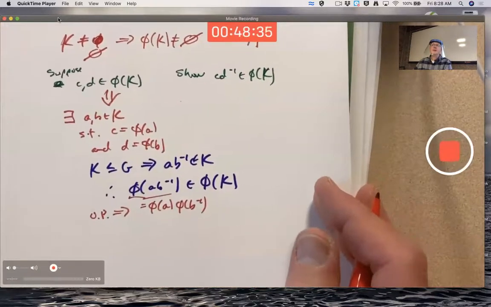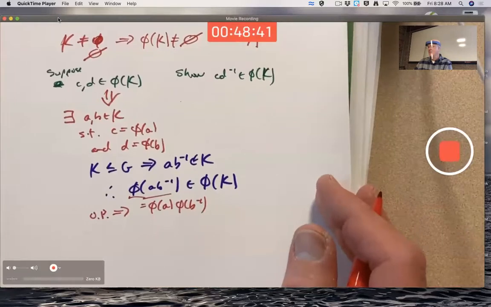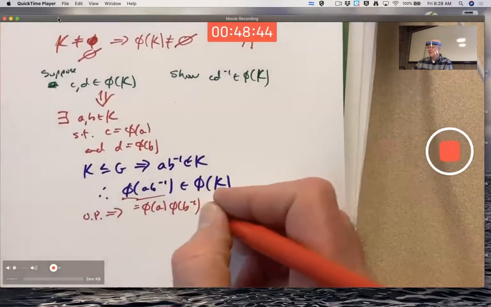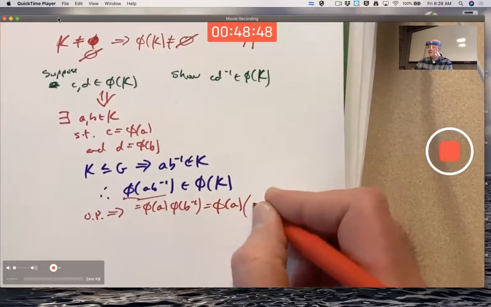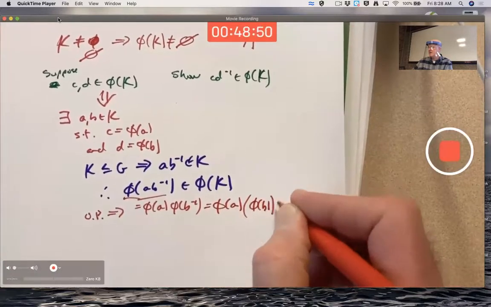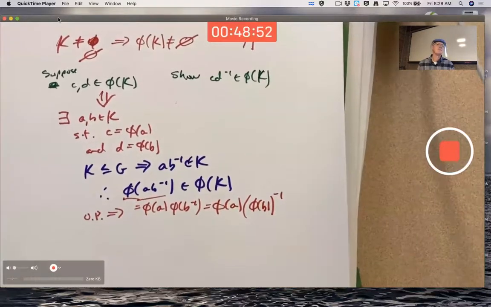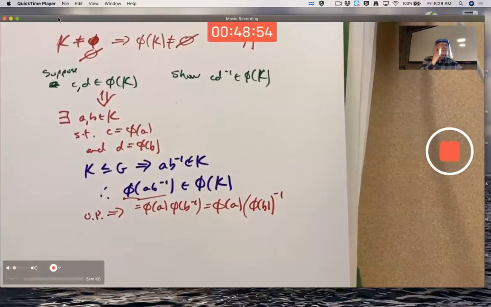To finish this, I need to use one other property that I actually haven't talked about yet. Phi of B inverse is the same as phi of B, inverse. I haven't proved that.